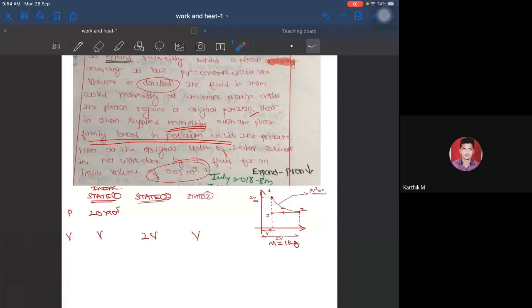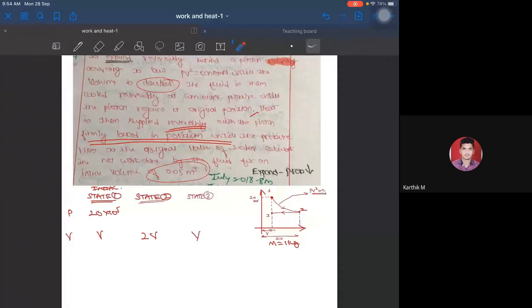Now, how do we decide it is upward or downward? When you heat a gas, what happens to its pressure? Take an example of a pressure cooker. You're heating the fluid inside the pressure cooker. What happens to its pressure? Pressure will increase, right?